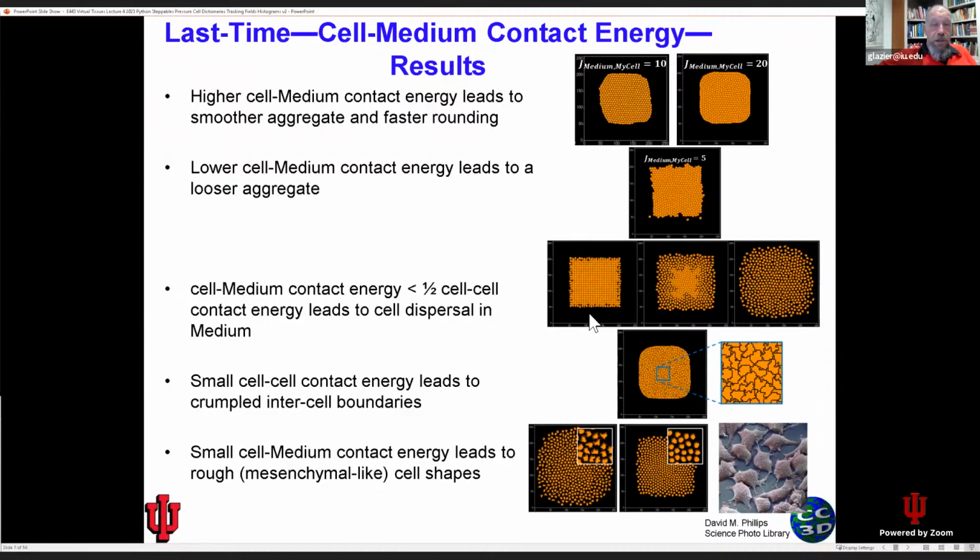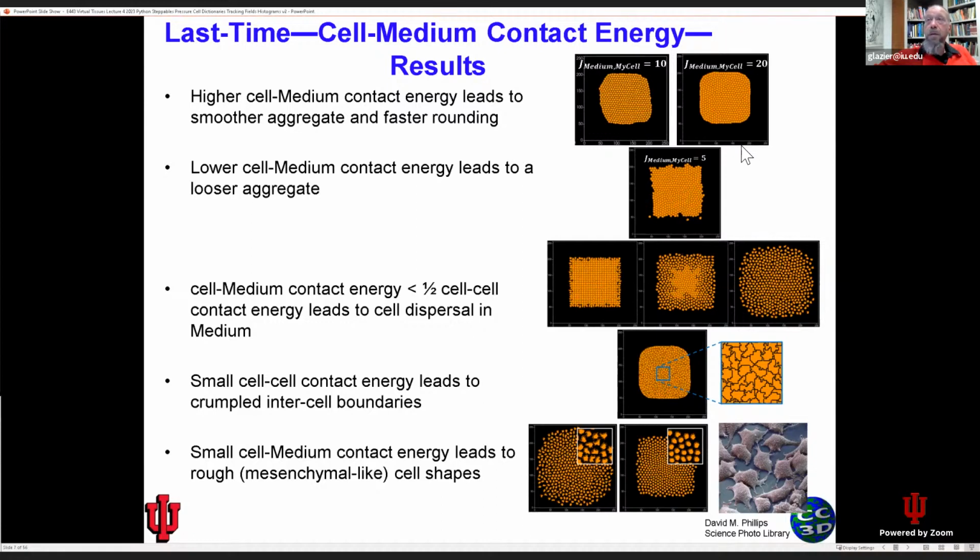We can find that if the cell-medium energy is lower than half the cell-cell contact energy, the cells actually have a lower energy when they're surrounded by medium than with each other, and they'll separate out and spread out. If the cell-medium contact energy is bigger than half the cell-cell contact energy, then the cells will cluster together.